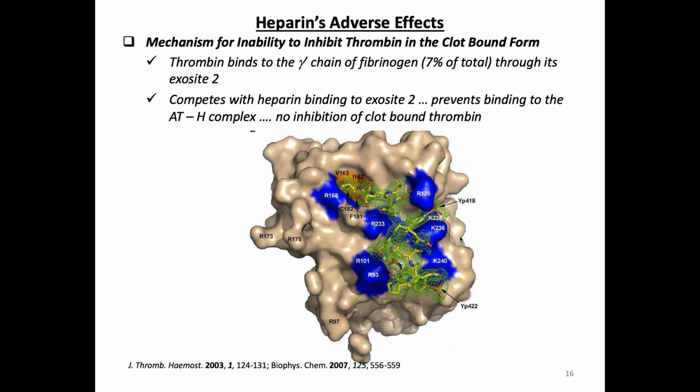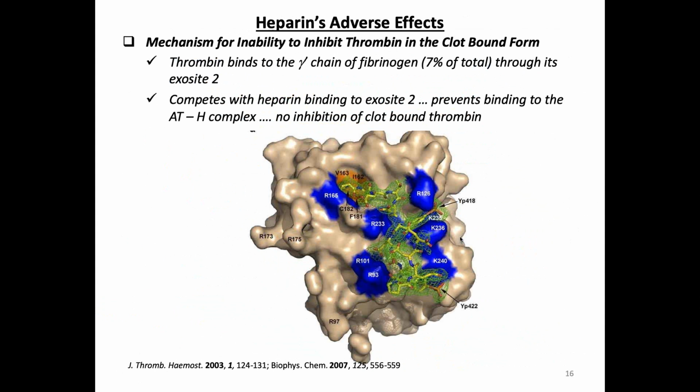Remember, I showed you that thrombin also binds and it captures, and you have a bridging mechanism. So this is that site in more detail. Fibrin also binds here. So fibrin's chain, especially the gamma prime chain of fibrinogen, binds in the same site as heparin, and therefore both of those overlap.